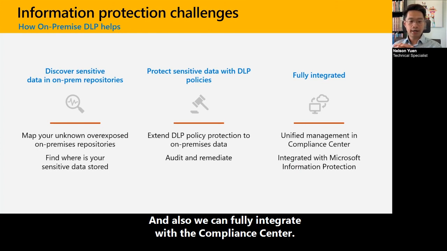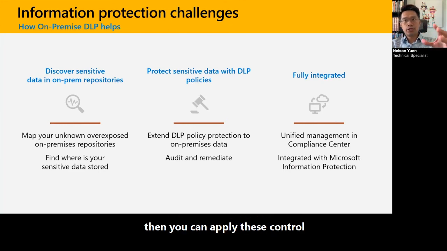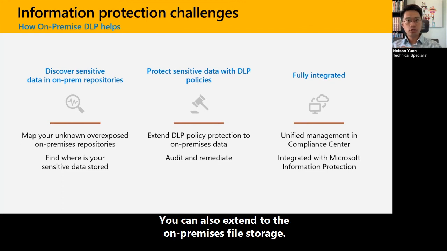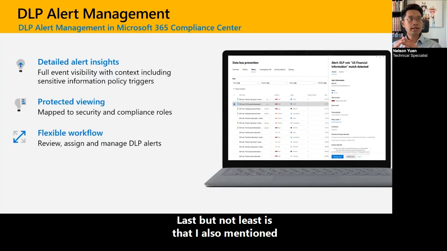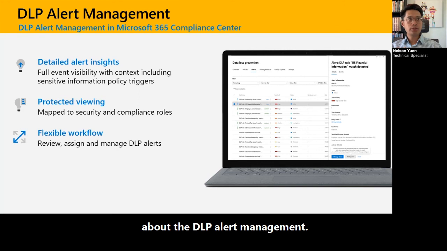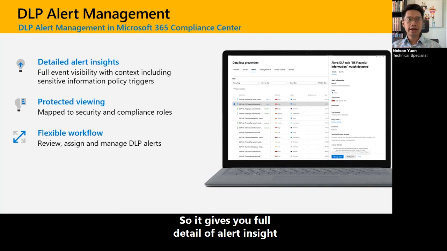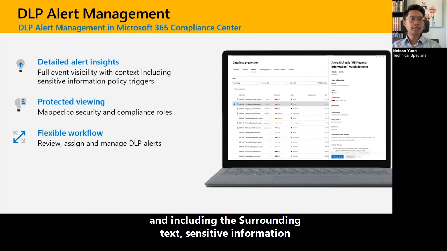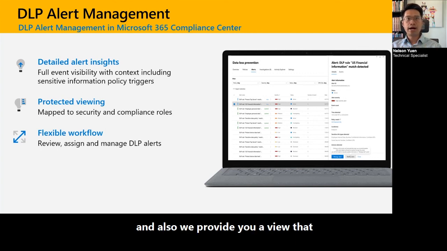And also we can fully integrate with the compliance center. So with the centralized console, you can apply this control centrally, no matter whether it's a DLP or information protection policy. You can also extend to the on-premises file storage. And last but not least, I also mentioned the DLP alert management. This gives you full detail of alert insight, including the surrounding tags and sensitive information, and we also provide a view only for the security and compliance role.